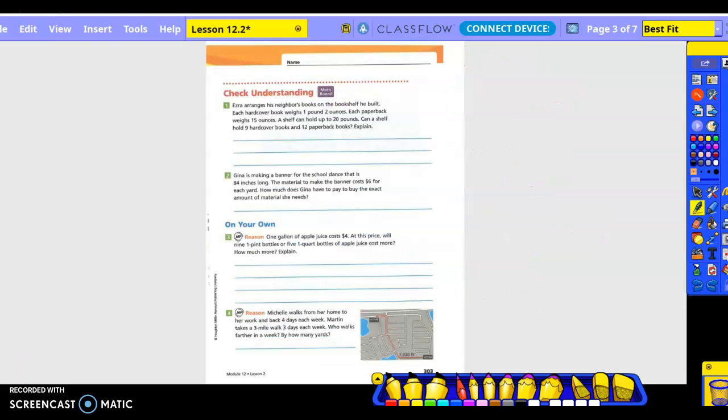Check understanding number 1. Ezra rearranges his neighbor's books on the bookshelf he built. Each hardcover book weighs 1 pound, 2 ounces. Each paperback book weighs 15 ounces. A shelf can hold up to 20 pounds.